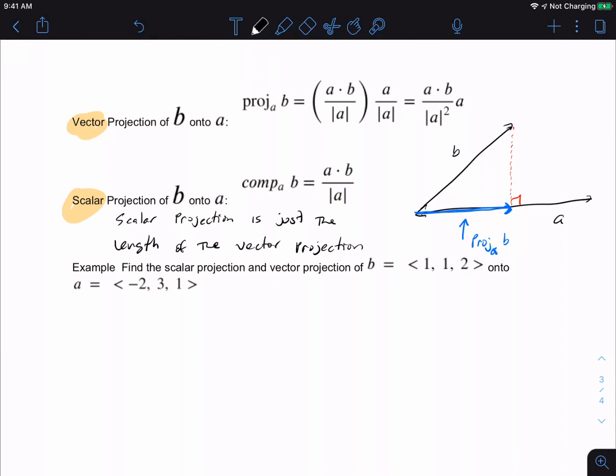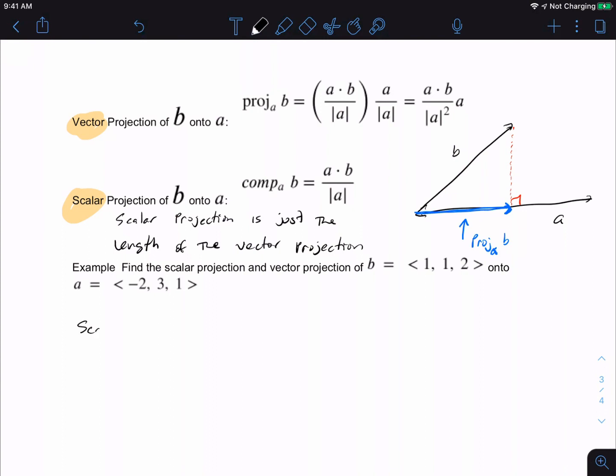And so when we do these problems, you can see that the projection vector actually has the scalar projection as part of its formula. So I'm going to show you guys how to find this and then show you how it's part of the other.